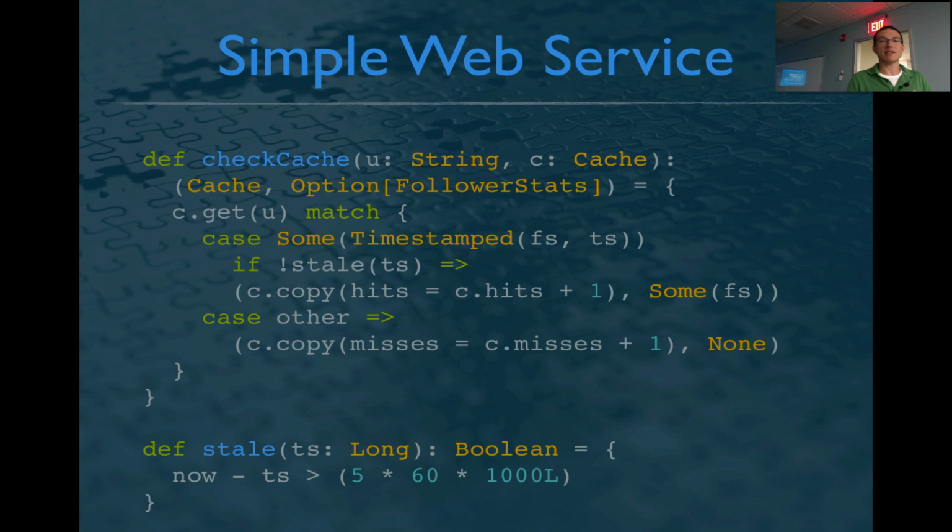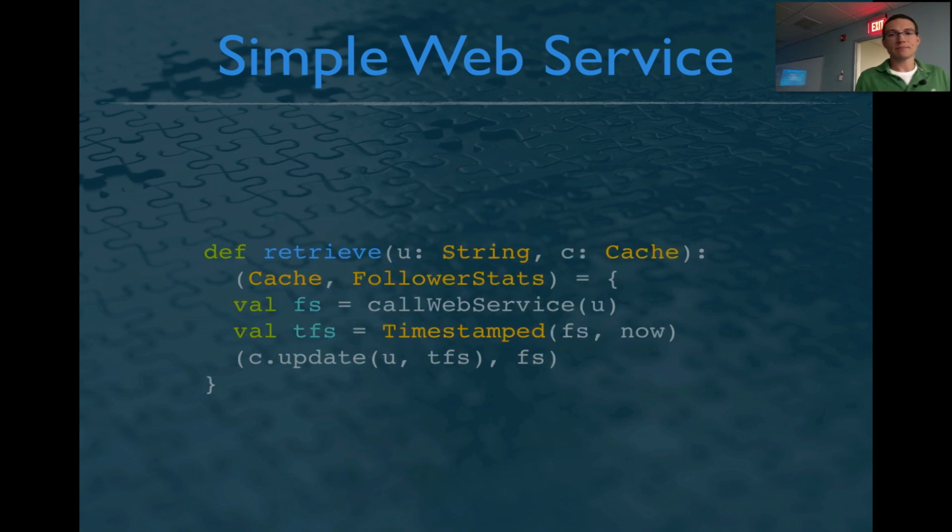In this particular case, you asked for something from the cache, we found it in the cache, and it was not stale, so we're just going to track the fact that our cache was effective here. We increment the hits counter with the c.copy. Then we return Some(fs) as our actual important value. And in any other case, either you had some stale timestamped follower stats or you had nothing in the cache for that username, we're going to update the cache, increment the misses counter, and return None for the value. Make sense? So still all plain old Scala.